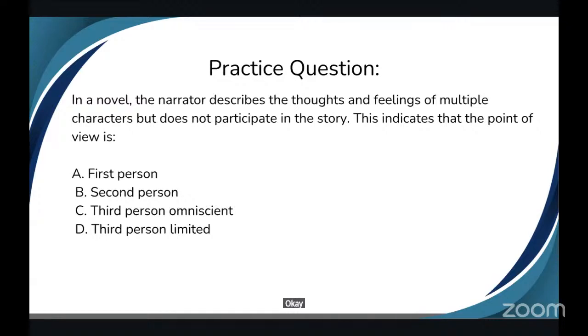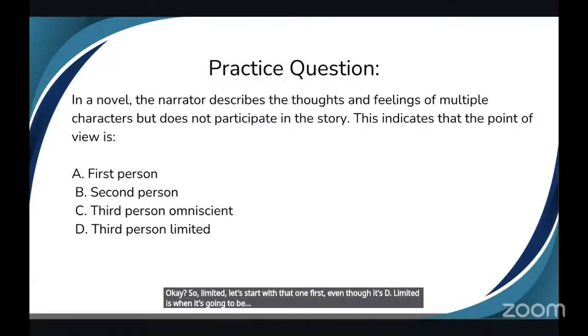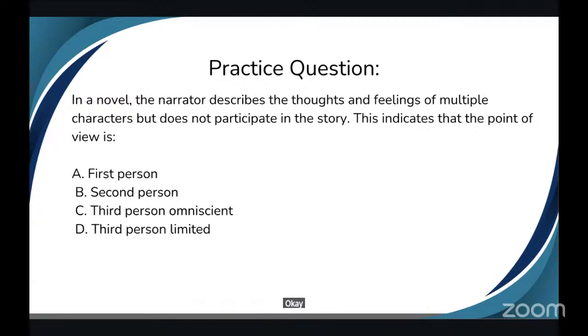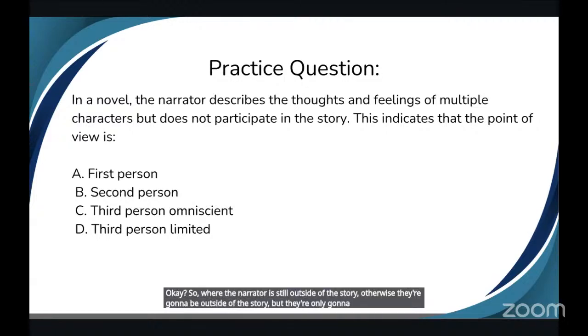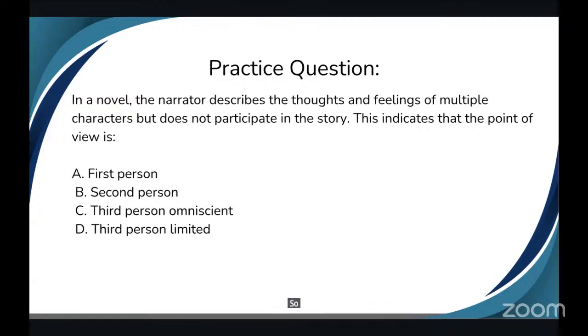Okay. So limited, let's start with that one first, even though it's D. Limited is when it's going to be kind of restricted to one particular character's experience. Okay. So where the narrator is still outside of the story, either way they're going to be outside the story, but they're only going to tell you from one character's perspective. So Tom did this and Tom did that.